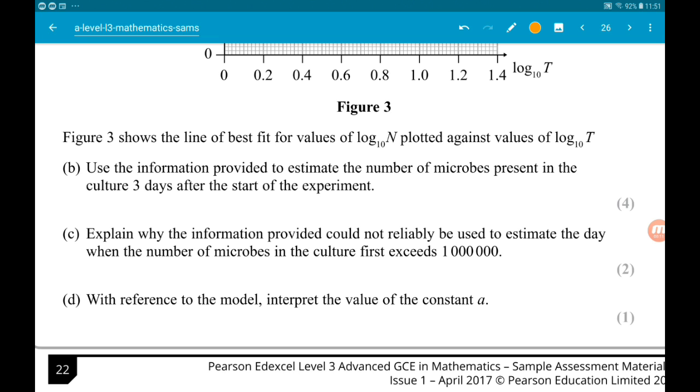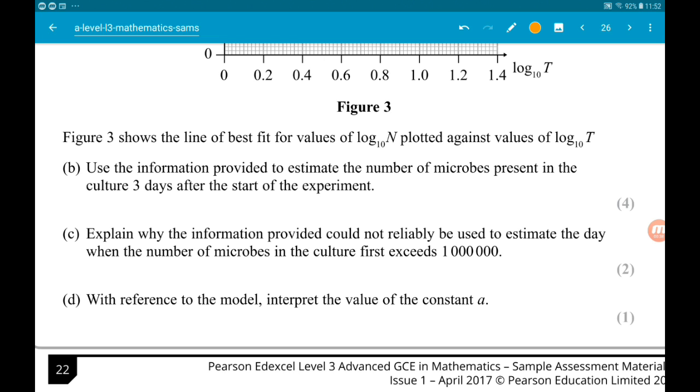Okay, so remember we worked out A was 63 and our model N is 63 times T to the power 2.3. Now, A is not the initial number of microbes.